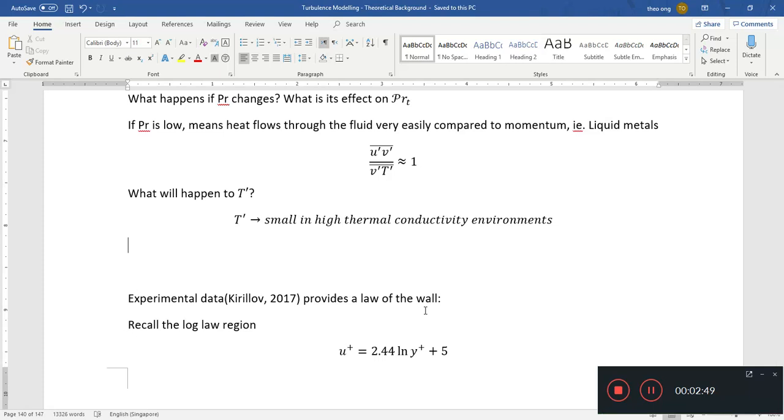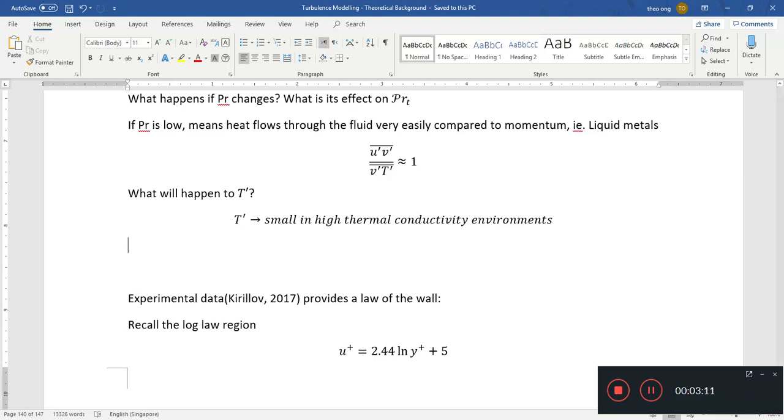The temperature fluctuations tend to be small because before they build up, the temperature differences will drive a lot of heat transfer, and then you'll minimize these temperature differences anyhow. So high thermal conductivity environments do not sustain very high temperature gradients by and large.